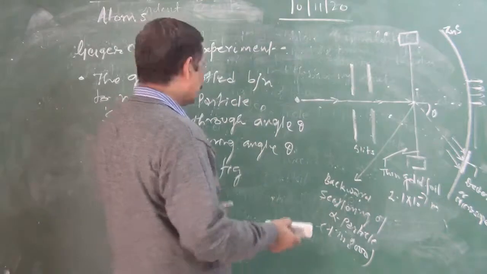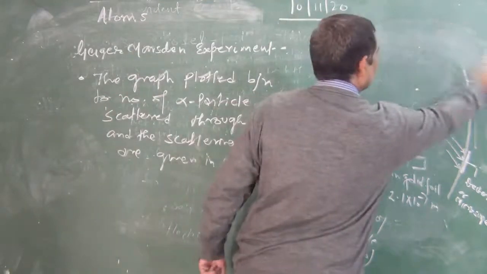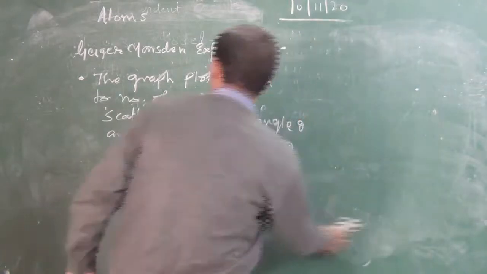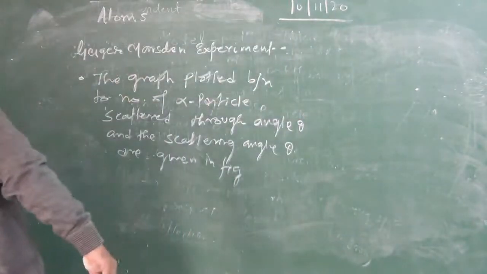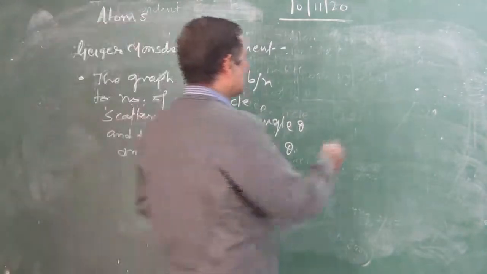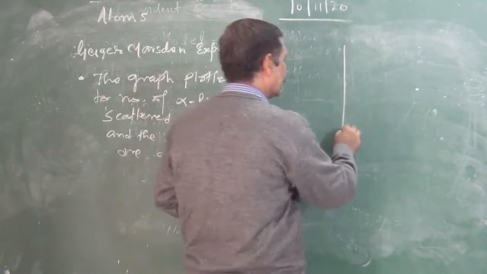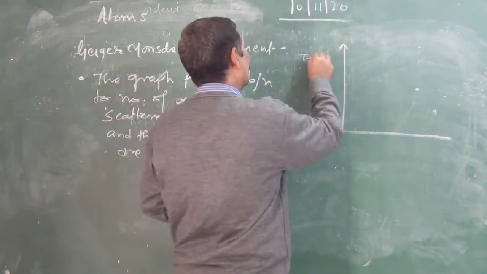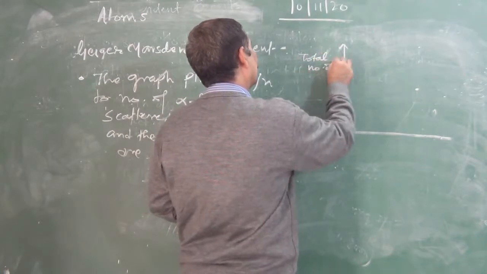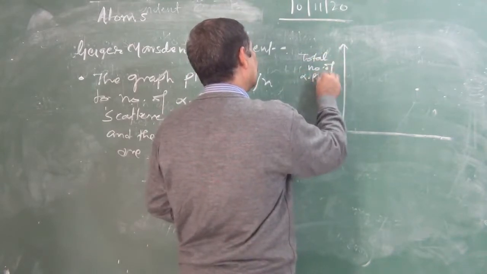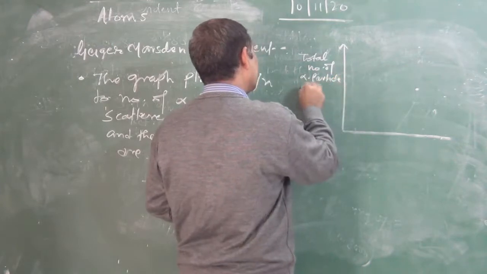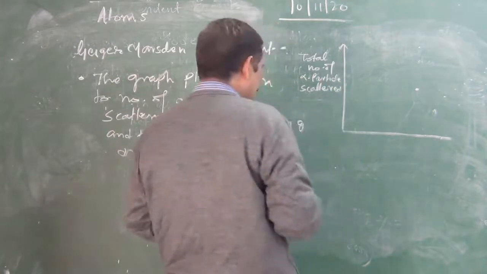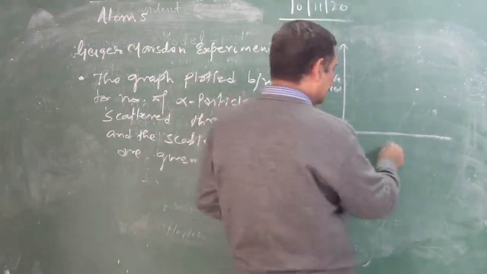So here we plot the graph between the total number of alpha particles scattered through angle theta, and this is the scattering angle theta.